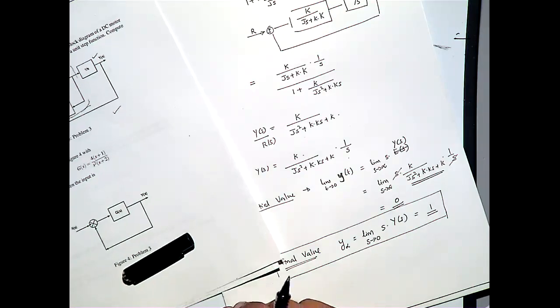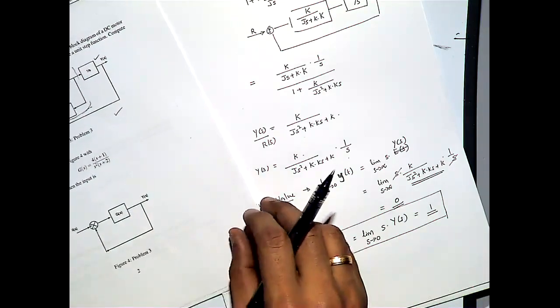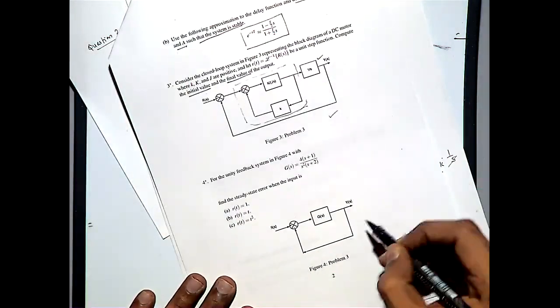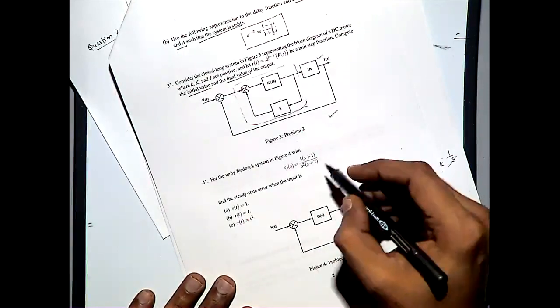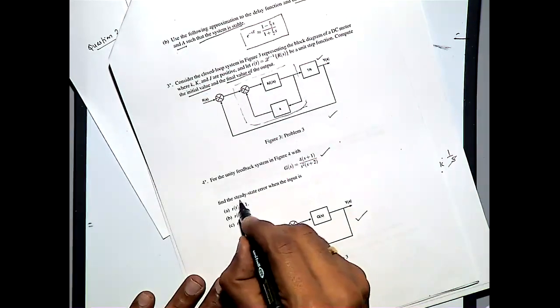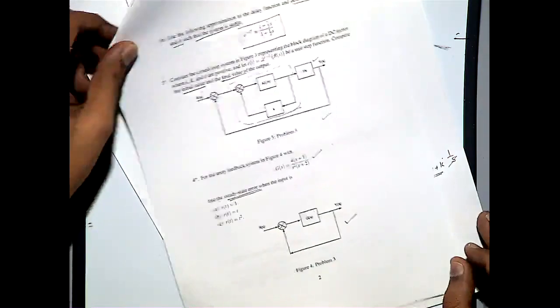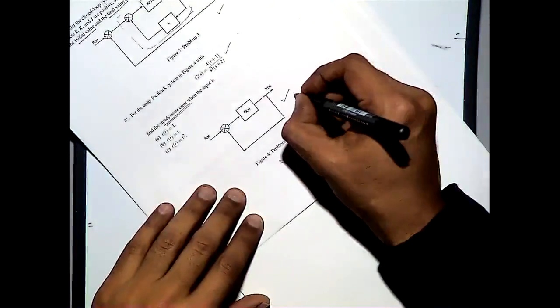So let's move on to the next question. Find the steady state error for the unity feedback system, which is given here, and G of s is also given here. We need to find out the steady state error, right? For this system, what is the equivalent transfer function model?